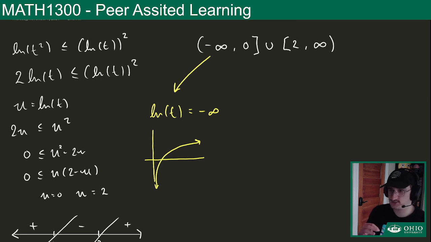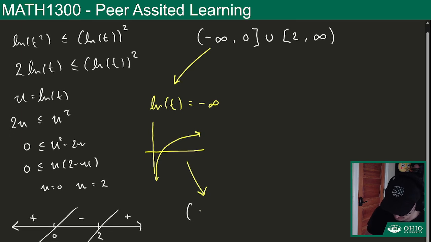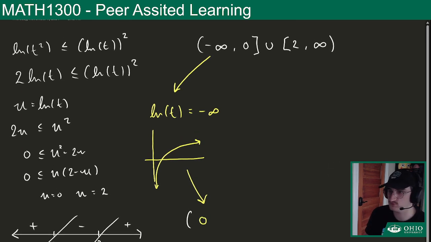So the natural log of 0 is going to approach negative infinity, and because this is an endpoint with a parenthesis, it looks like shady math, but trust me, it works out. We are allowed to say that this interval becomes 0, because the natural log of 0 will go to negative infinity.